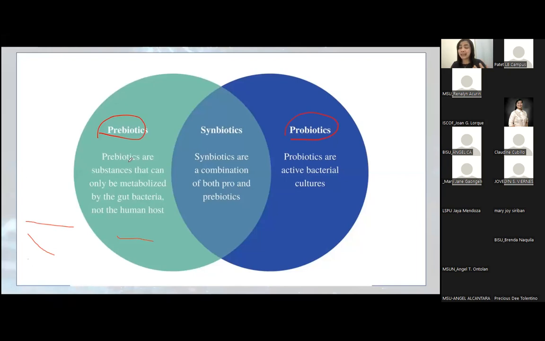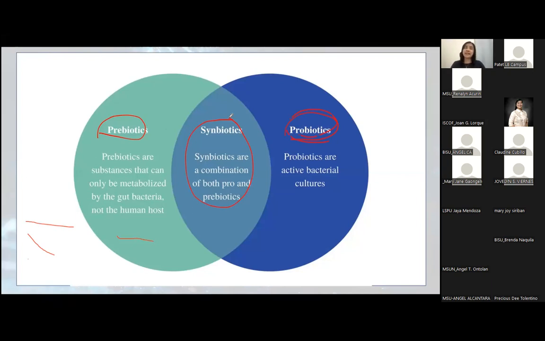Galing siya sa plants. Pag probiotic naman, these are live bacterial cultures. The combination of these two is called symbiotic, a combination of prebiotics and probiotics.